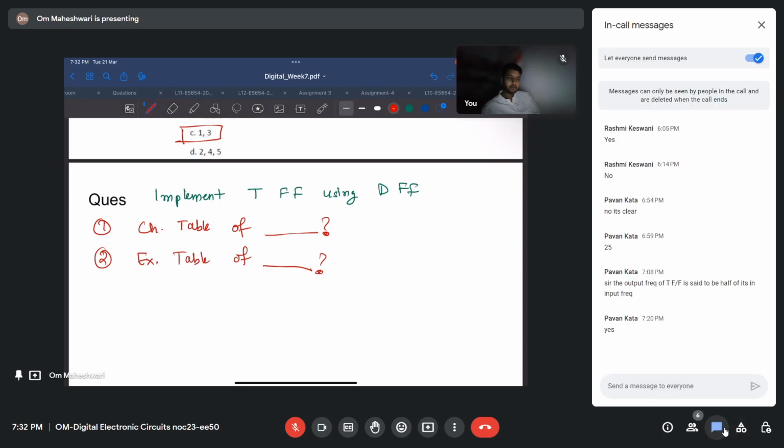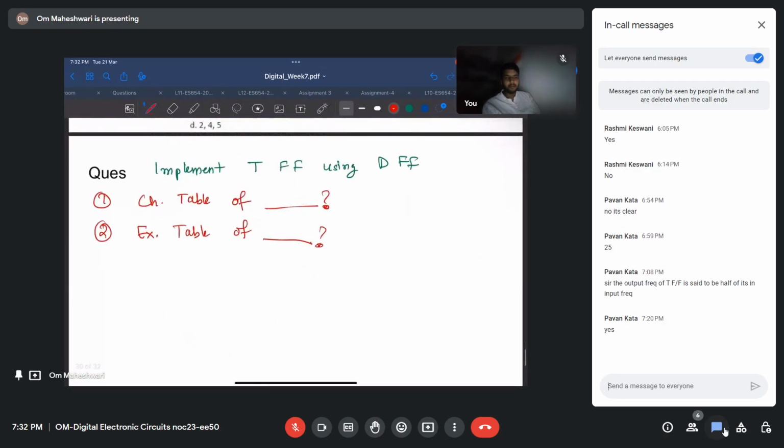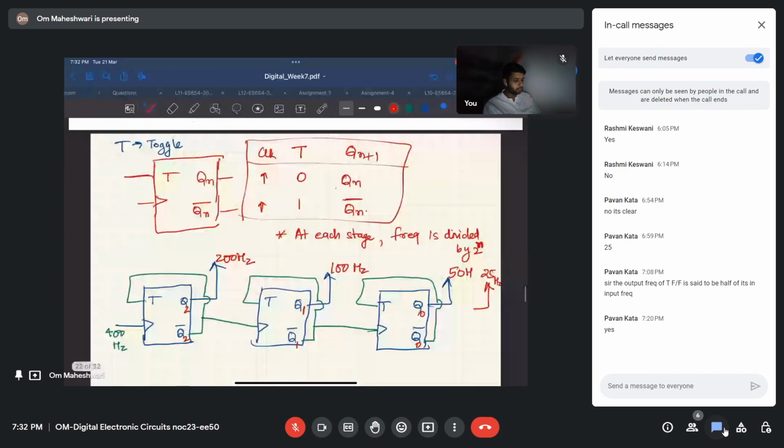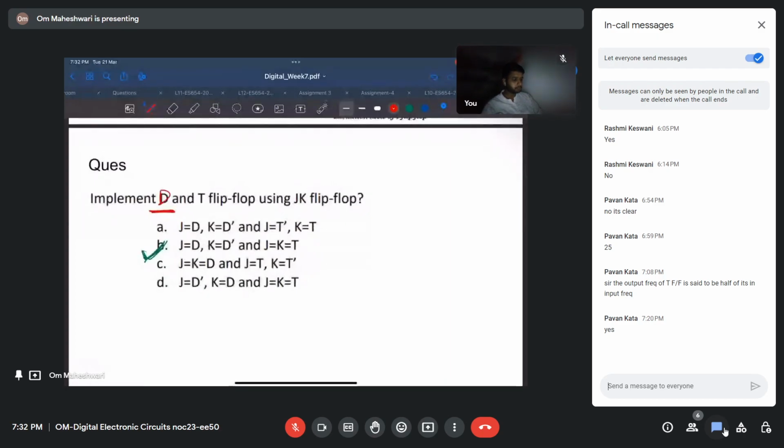So I'll repeat the first question. This question is similar to the question before. I'll repeat it since you guys had not joined, and tell you quickly how we did that. The question was: implement D flip-flop and T flip-flop using JK. So JK flip-flop is what we had, and D flip-flop and T flip-flop is what we wanted.